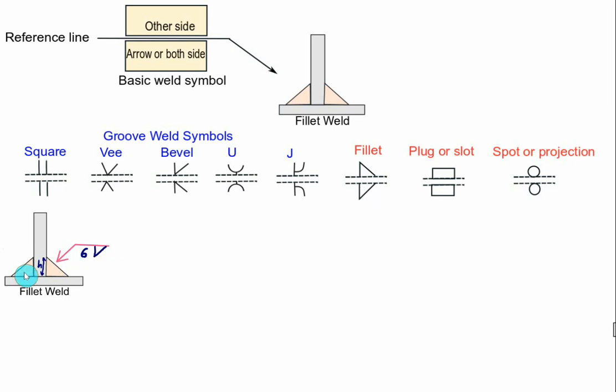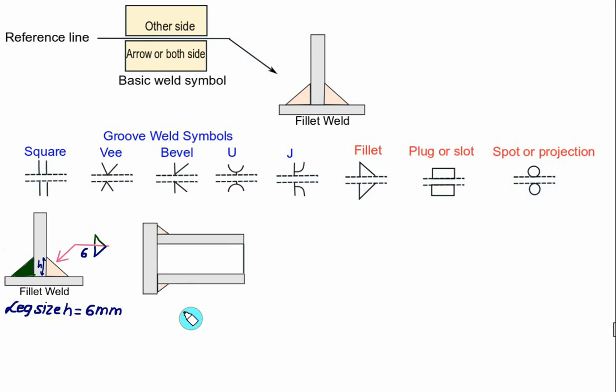Whereas the fillet weld on the other side is also lap, so that is represented again by the same symbol, and this represents the other side. I hope that now the meaning is clear, other side and the arrow side. Now both sides here we have an equal leg size, so it is written as 6 mm. See, 6 mm is leg size.